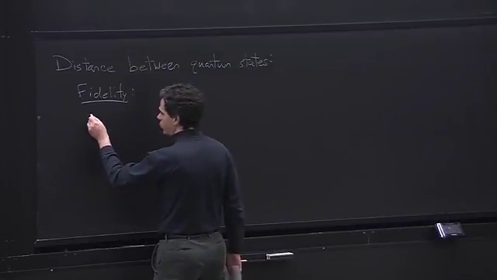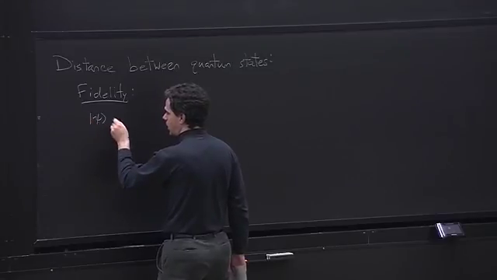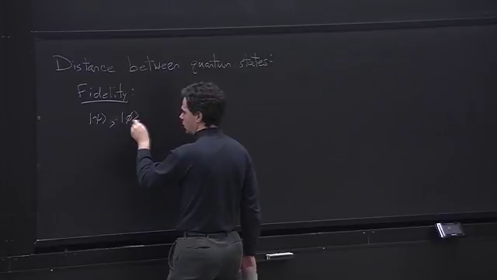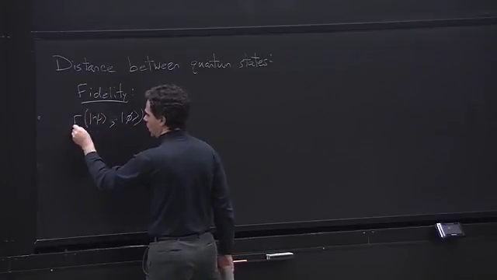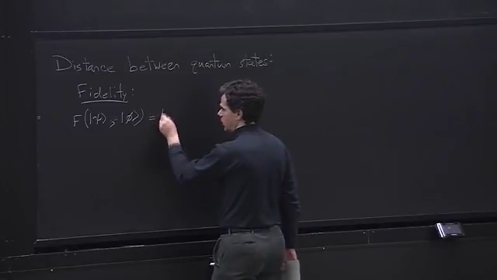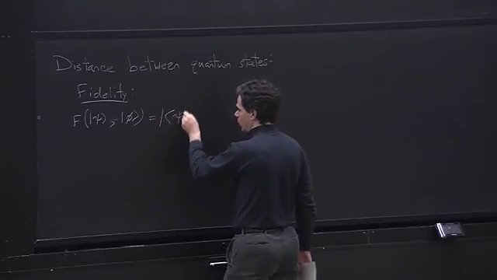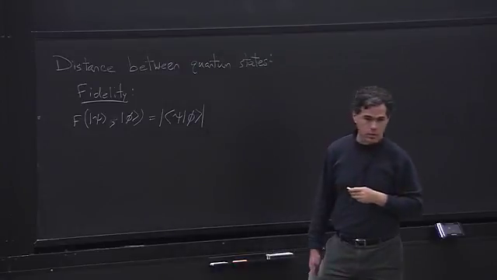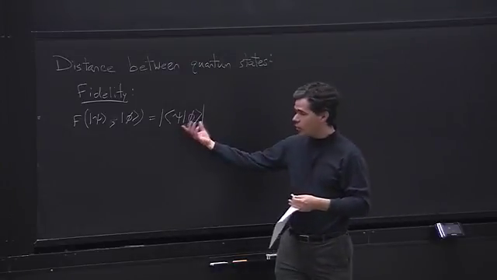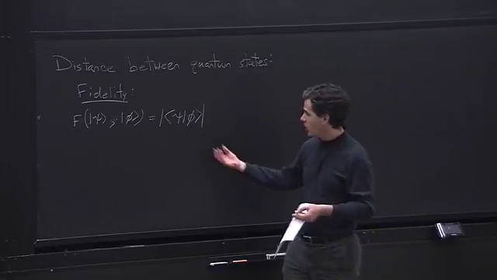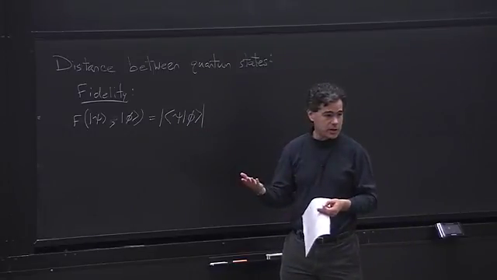So if we have two pure states, psi and phi, then the fidelity between psi and phi is the absolute value of the inner product. Okay. Why the absolute value? Well, the inner product certainly is some notion of how similar two states are, but it can be complex, it can be negative.